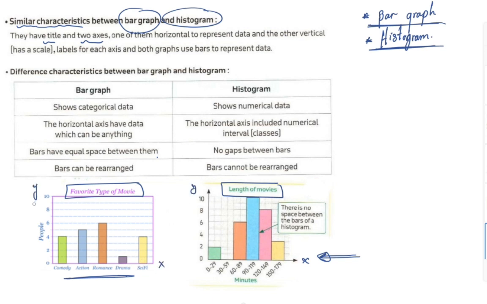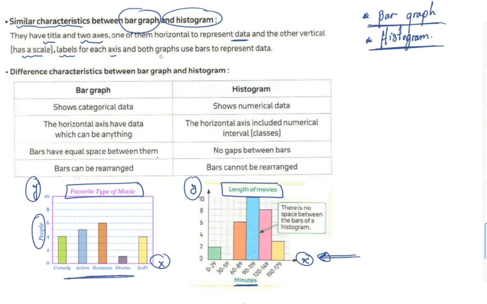One of them is horizontal to present data, and the other is vertical and has a scale. Labels for each axis: the x-axis has a name, minute, and the y-axis has a name, people.